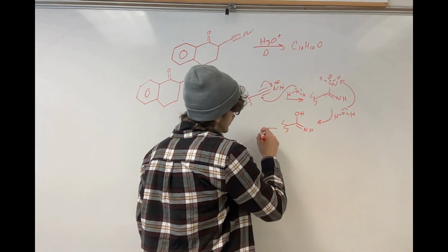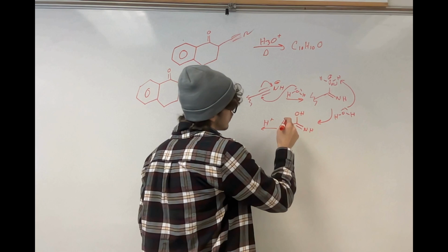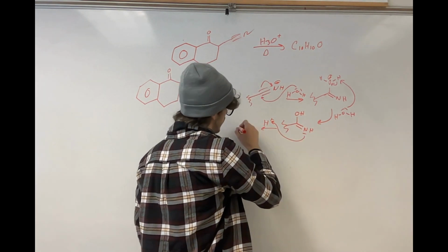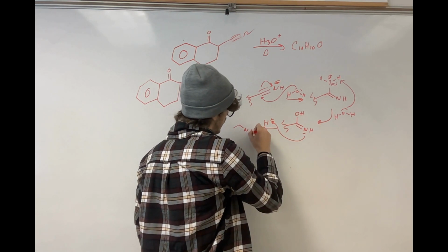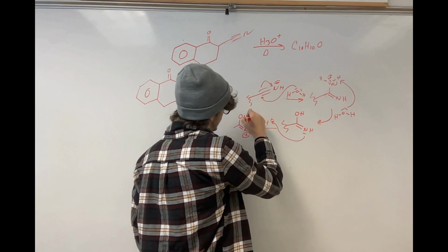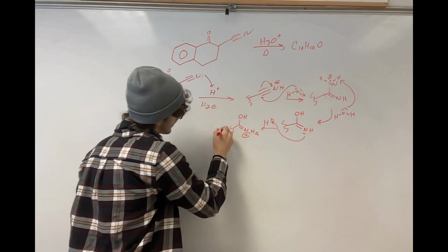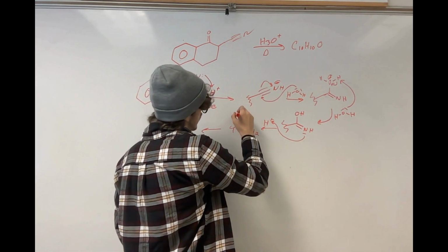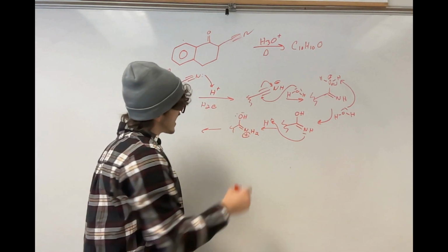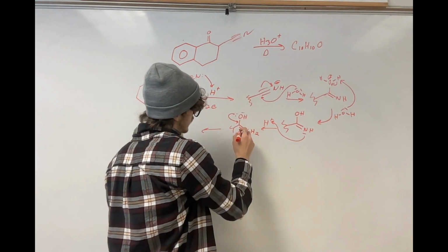We're going to take some more acid, so H+. Nitrogen comes in, steals that, NH2 with a positive charge here. Okay, and what's going to happen next is the hydroxyl group is like, I don't really like that. Goodbye.